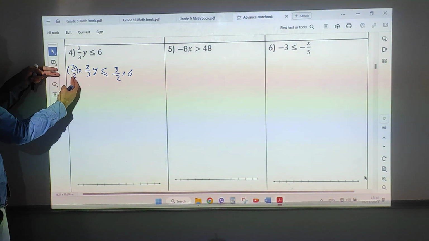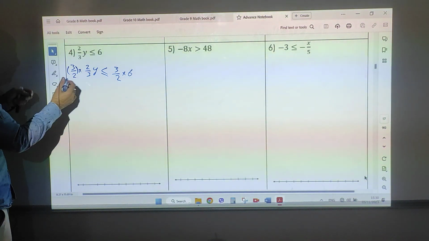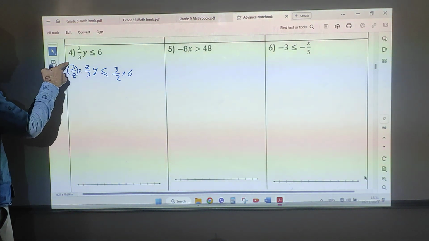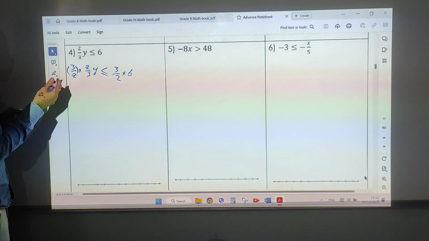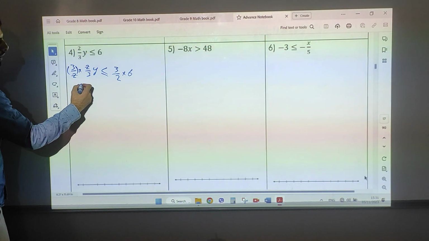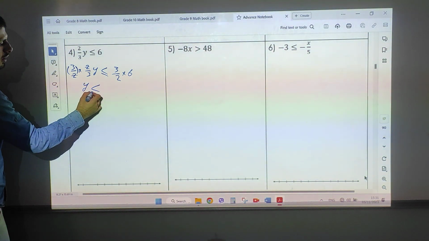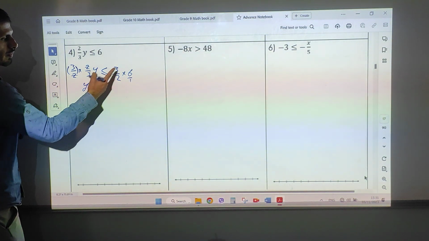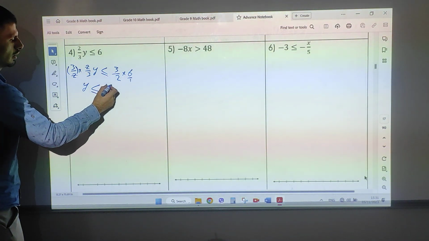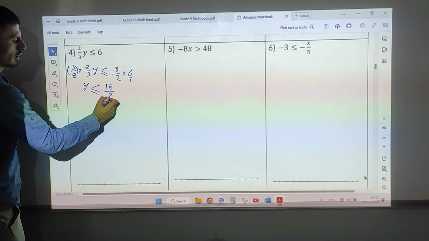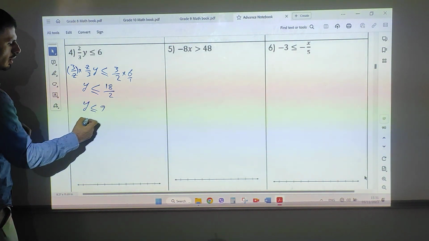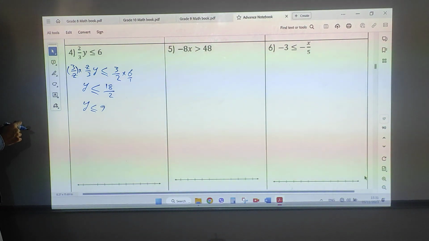These two will always cancel each other. 2 and 2, 3 and 3, or you can say 6/6, which would be 1y. So y is less than or equal to, this is over 1, 6 multiplied by 3 is 18/2. y is less than or equal to 9.